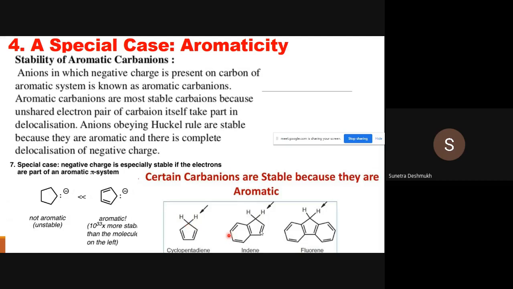Conjugation is the important criterion to fulfill aromaticity. Without the carbanion, in these molecules there is no conjugation of carbon-carbon double bonds, so these molecules are not aromatic. Once we generate the carbanion, then only we can say these are aromatic in nature.